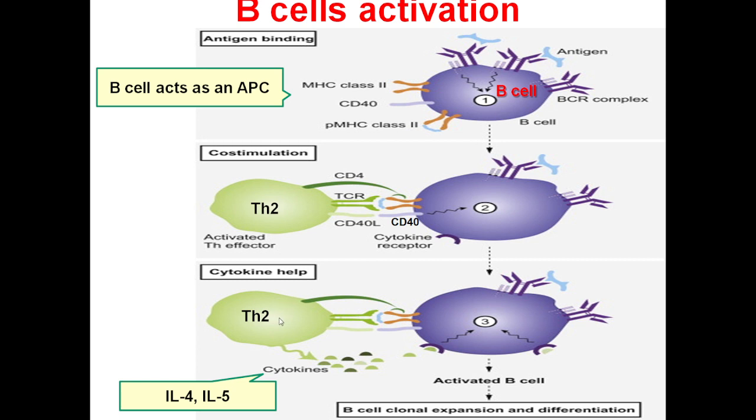After that, T helper cell becomes activated to synthesis of corresponding cytokines. These cytokines, if this is T helper type 2, in the antibody synthesis are interleukin 4, interleukin 5. These cytokines react to the receptors for interleukin 4 and interleukin 5 on the surface of B lymphocyte.